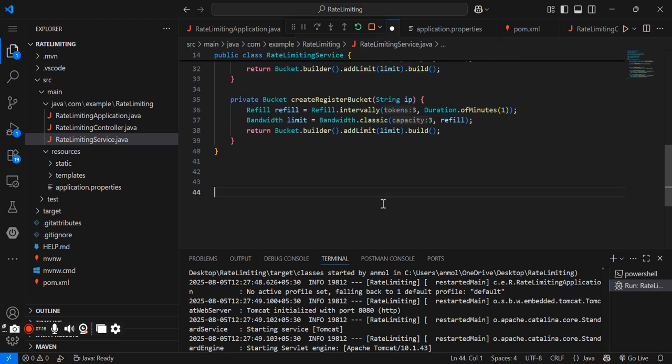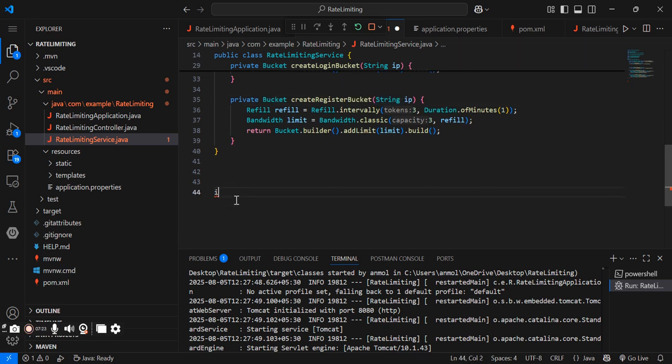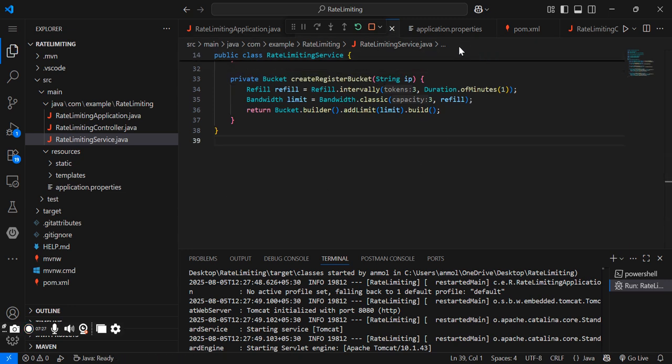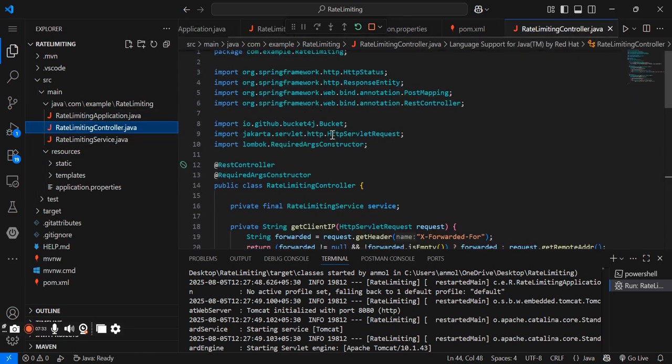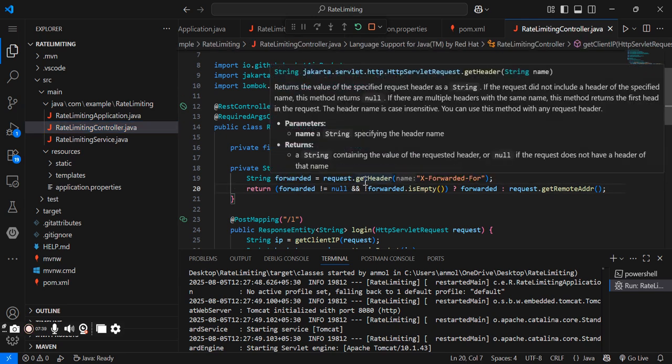Then if you are wondering how the IP address is obtained, here we are giving it in the parameters, and how can anybody add those things in the parameters, how can anybody know about the parameters. Let's see our controller class, which will clear all of your doubts. Here we get our IP address using the forwarded header, the get request forward.